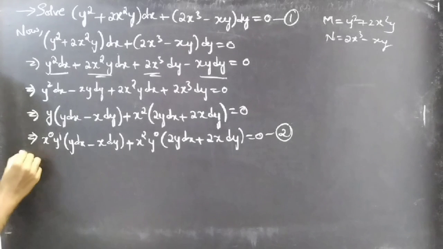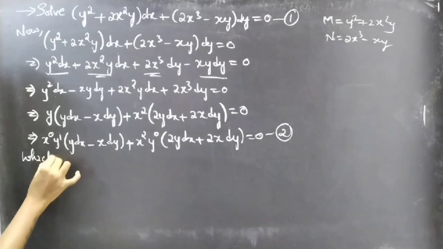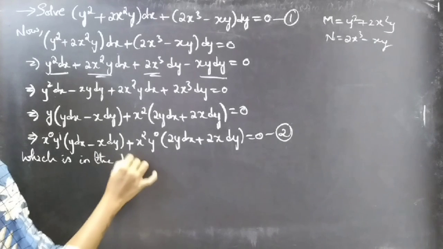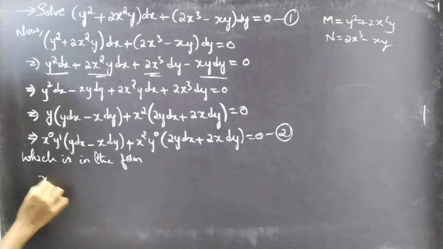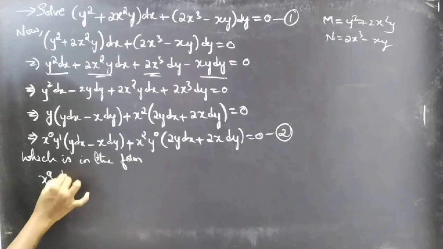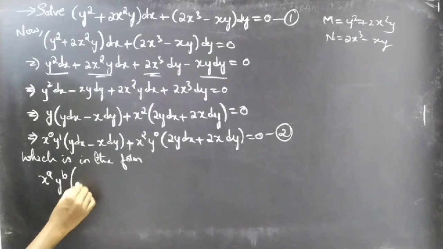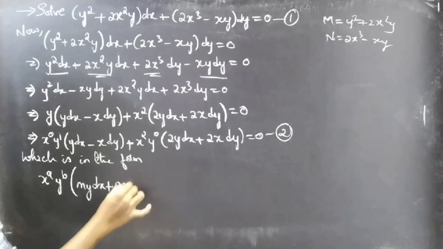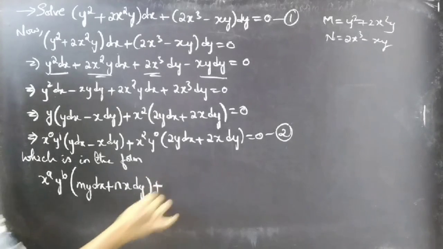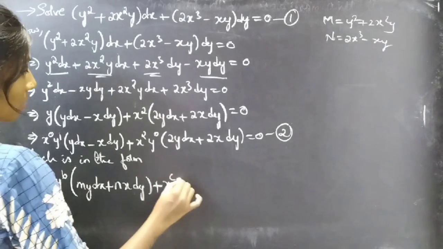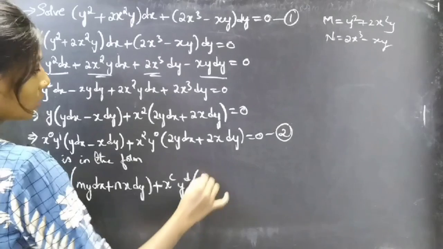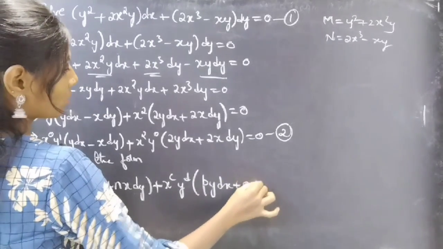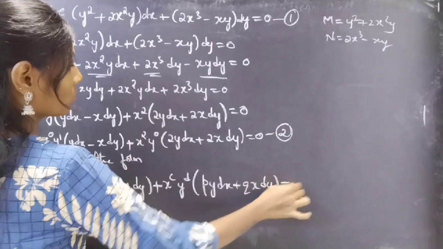which is of the form x power a y power b into (my dx plus nx dy) plus x power c y power d into (py dx plus qx dy) equal to 0.